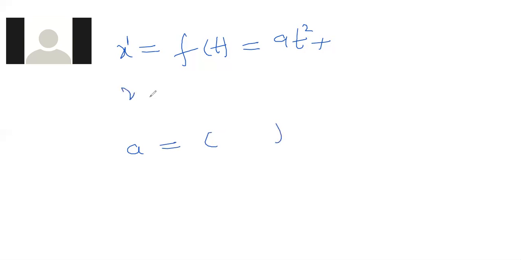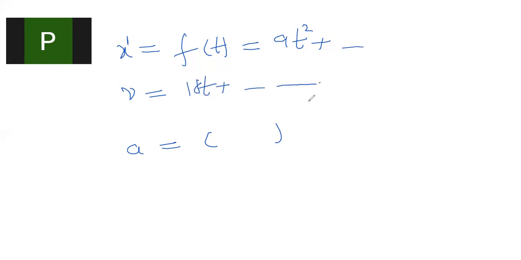Because velocity will become a linear function. Because first derivative, what will it give? 18t plus something will come here. When you do the derivative again, this will become only 18 plus 0 will come. This you should know.